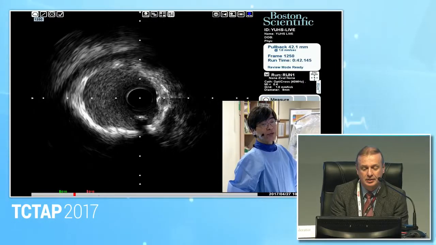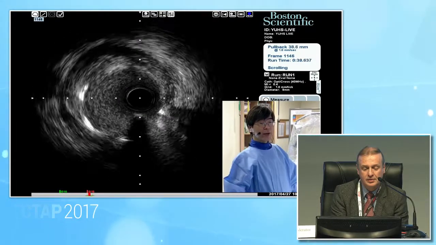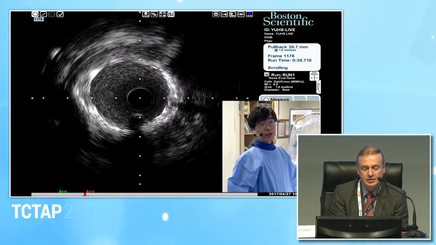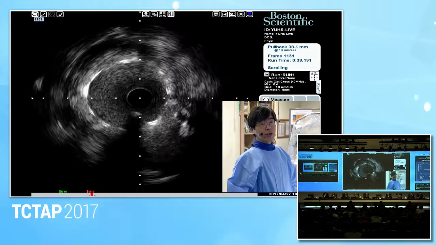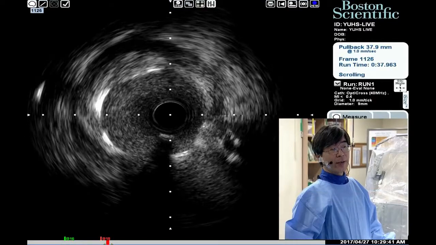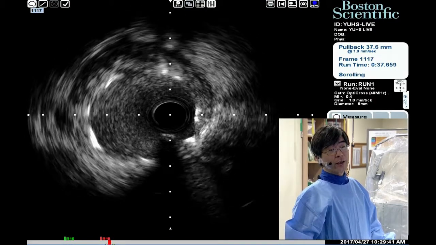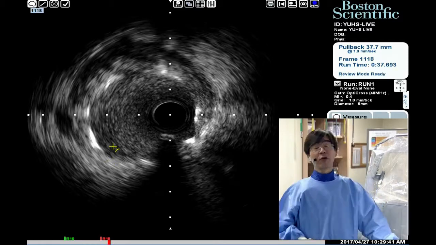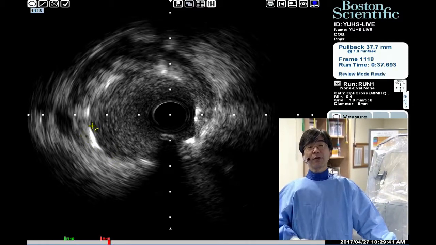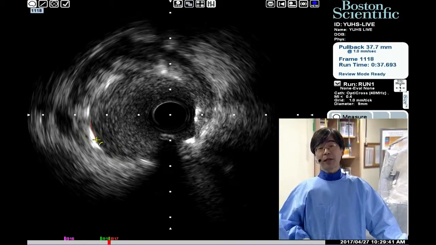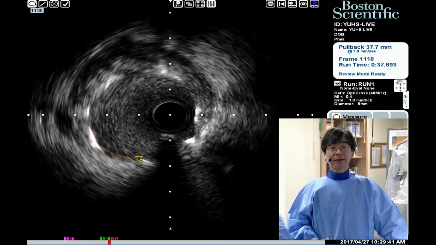It depends on the lumen area. What I mean is that if the lumen area is, as we know, less than 9, I will do more inflation. But if it is more than 9, we don't need that. When we do a procedure, particularly in an elderly patient, personally I think perfectness is not good.